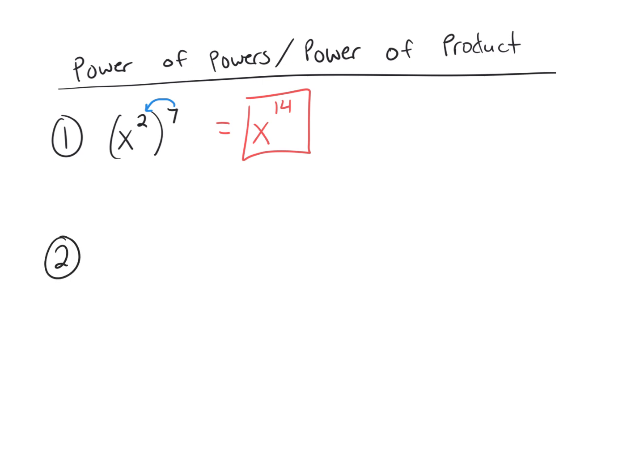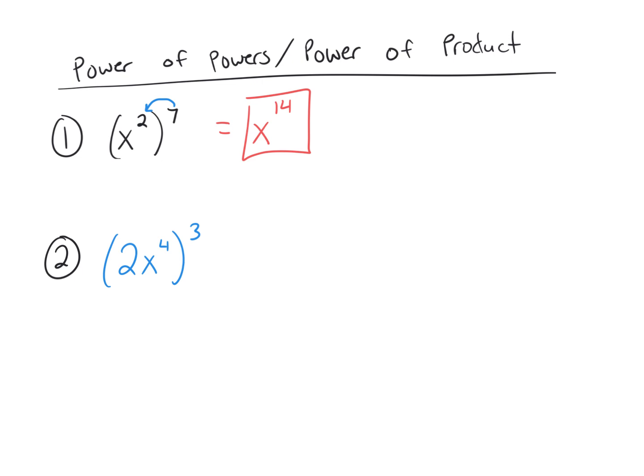Let's do another one. So that was just power of a power. This one we're starting to get to products of a power. So I have 2x to the 4th, all to the 3rd power. You notice we have parentheses, right? So what are we going to do with this exponent on the outside?